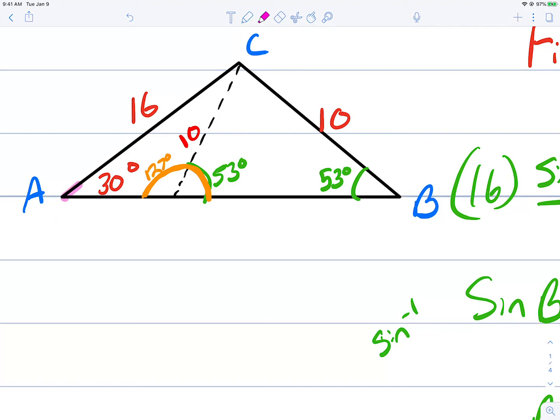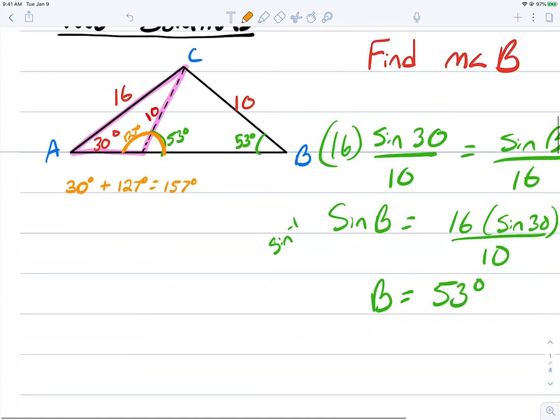So if I look at this obtuse triangle here, can I have a triangle that has a 30 degree angle and a 127 degree angle? Well, so far that triangle adds up to 157 degrees, which is possible. That means that we have less than 180 degrees accounted for, which means there are two possible answers for this problem because the supplement also works.